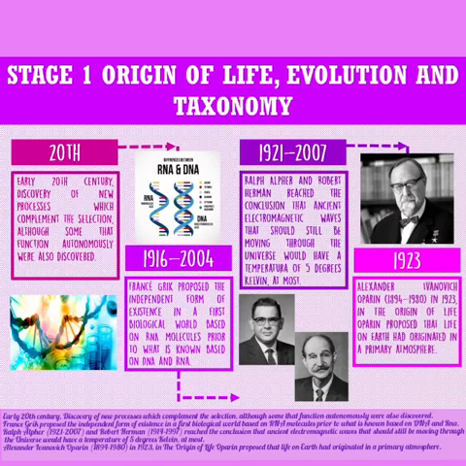Ralph Alpher and Robert Herman reached the conclusion that ancient electromagnetic waves that should still be moving throughout the universe would have a temperature of 5 degrees Kelvin at most.